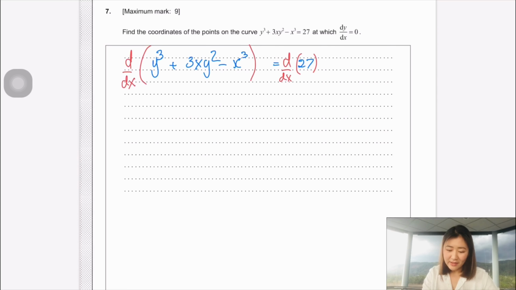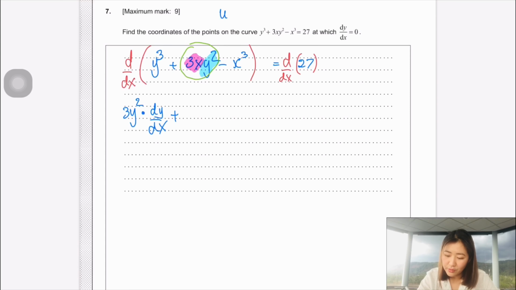Okay, so let's do it together. Differentiate y cubed. This is the chain rule. So you're gonna get 3y squared times dy by dx, and then plus, to differentiate this one, this is your first function and this is your second function. So it's product rule, right? Let's revise the product rule.